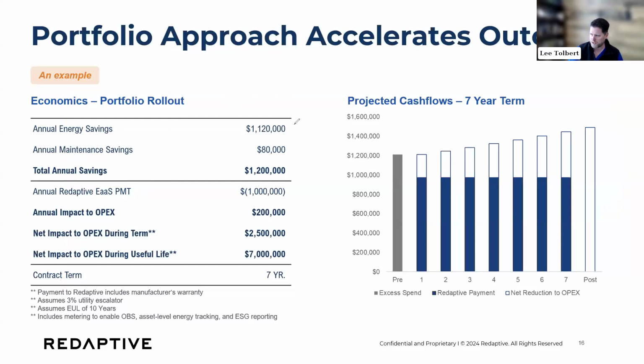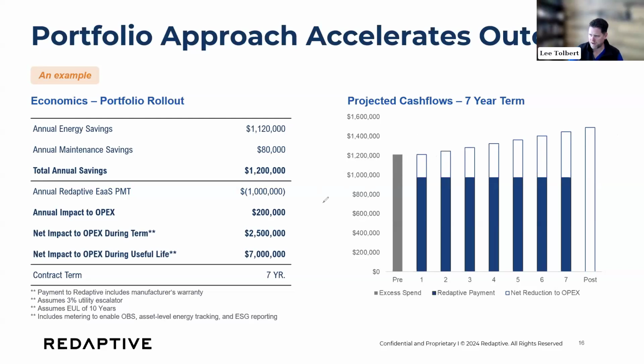So you're able to bundle savings across any number of locations that generate significant returns, both on a year by year basis, but also over the useful life of the equipment and, let's say a 10-year, or in this case, a 7 and 8 year term.